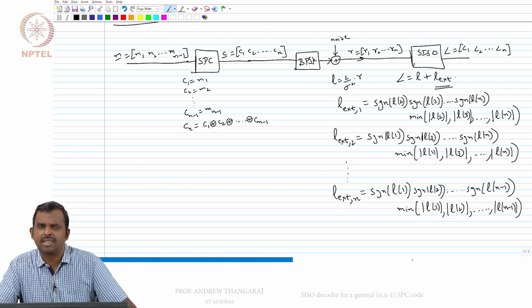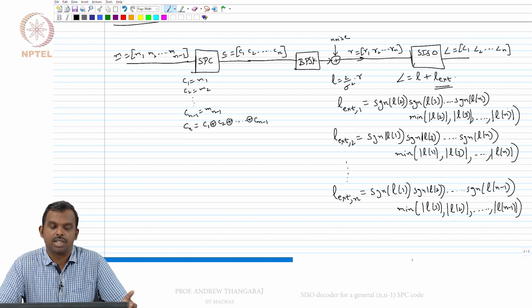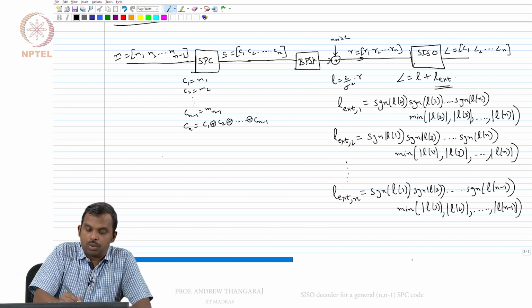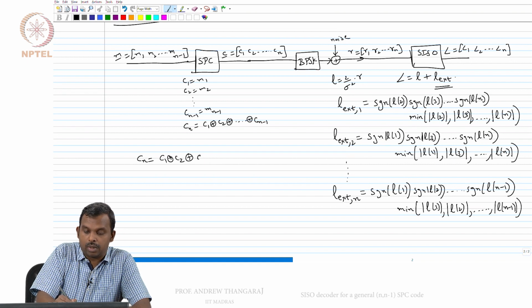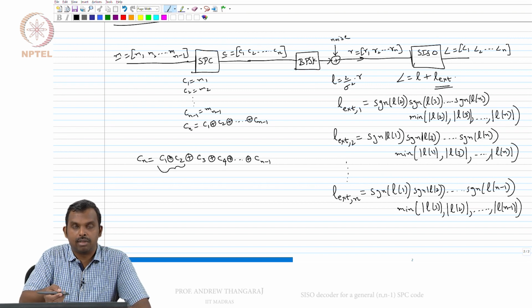So, this is quite a reasonable extension. If you see, when you do Cn, you have C1 XOR C2 XOR so on, maybe I should write a few more terms here, XOR C3 XOR C4 so on till XOR C(n-1). First you have C1 plus C2, and we know how to deal with that.